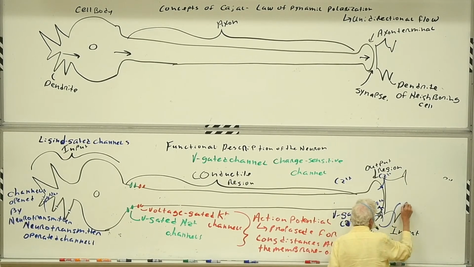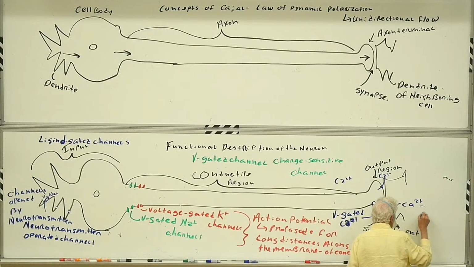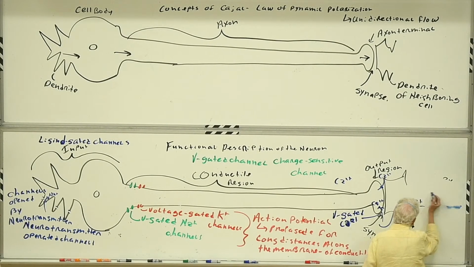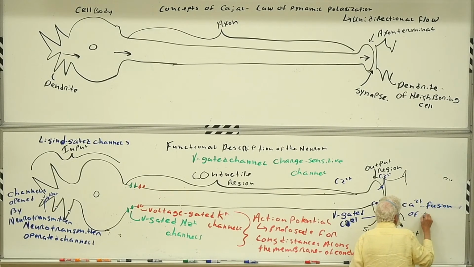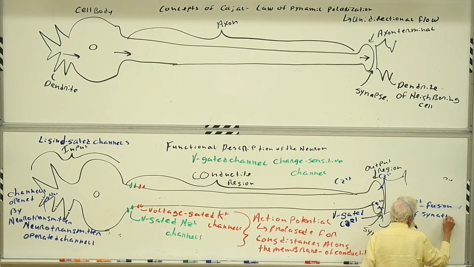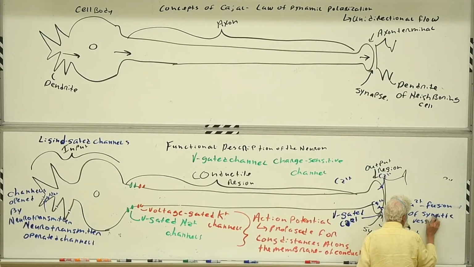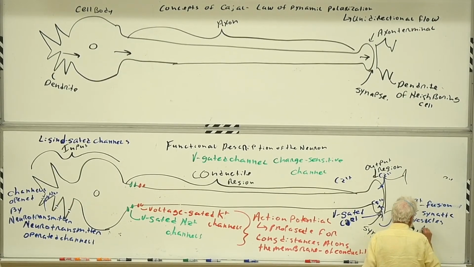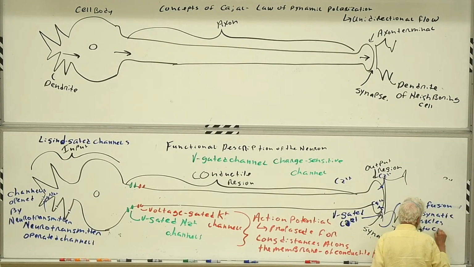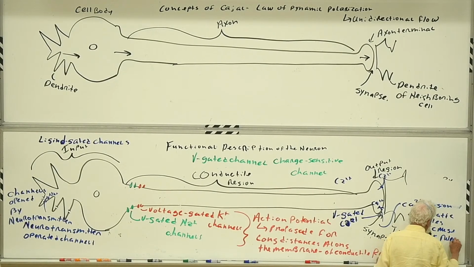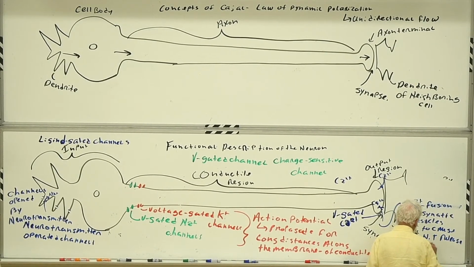And the calcium leads to the fusion of synaptic vesicles to cause neurotransmitter release by exocytosis.